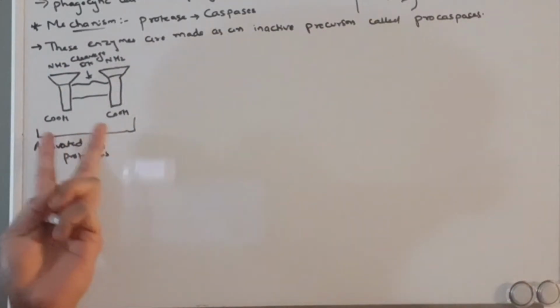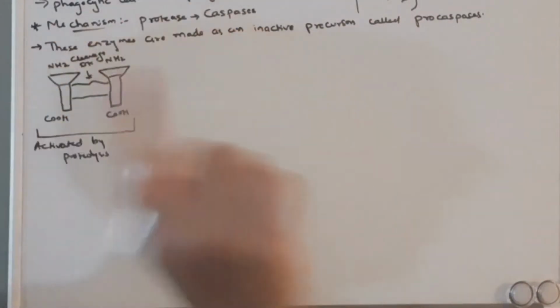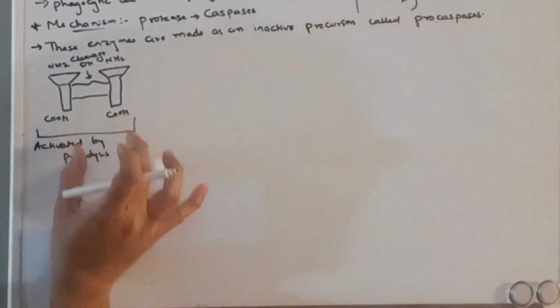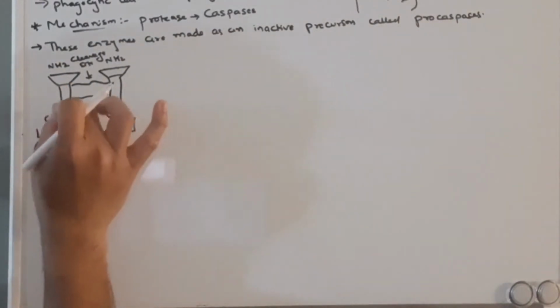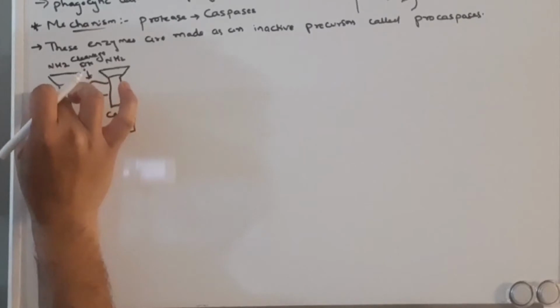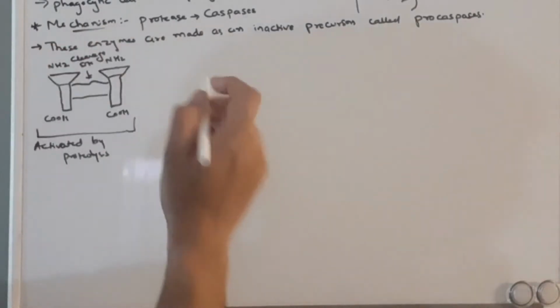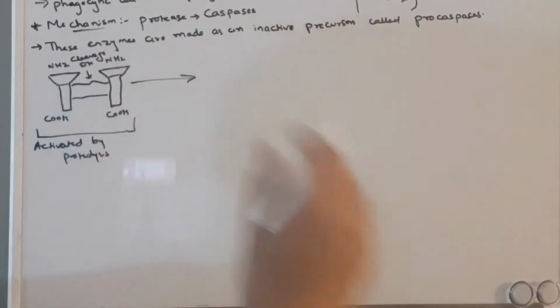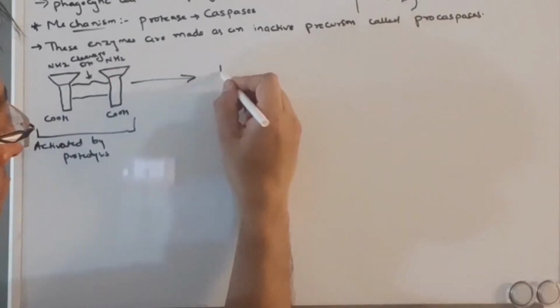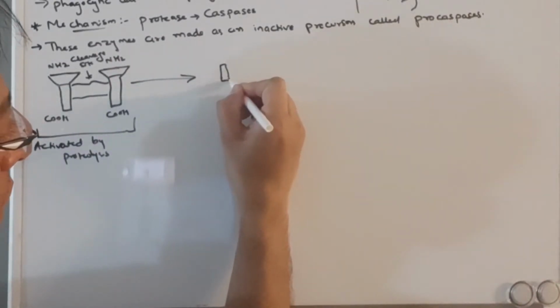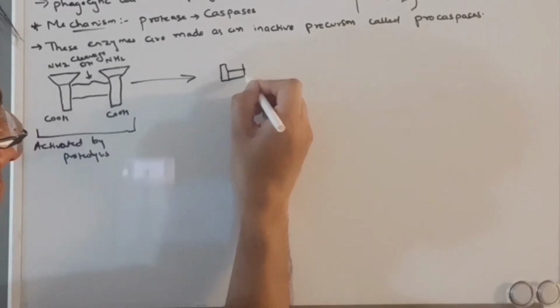The two cleaved fragments: to make one caspase, there should be two cleavages. For example, one procaspase is split and another procaspase is split, and that will make one caspase.